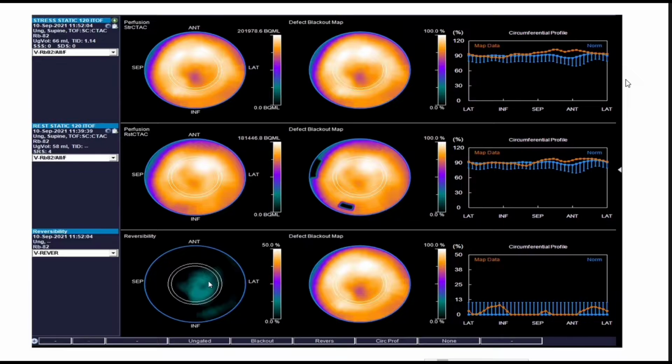And that apex is what we were talking about, where we saw that there is a little reduction. And if we look closely, you can see that this apex is lighter than what it is at rest. This is rest, this is stress, and then this would be the difference. So there is a clear reduction of blood flow out at the apex of the heart.